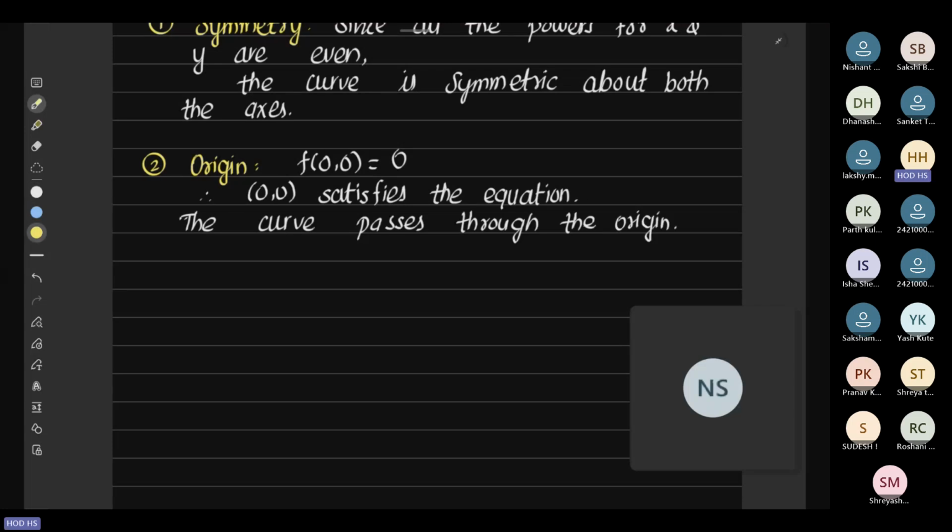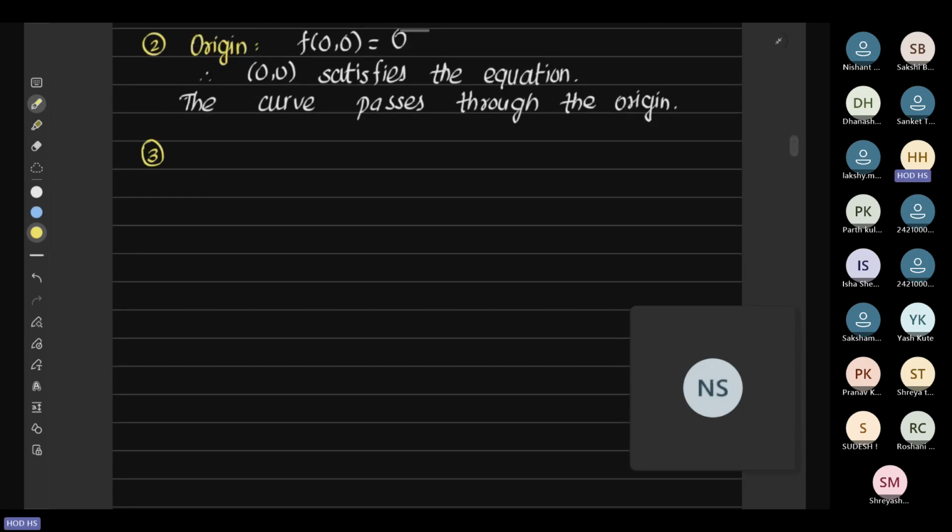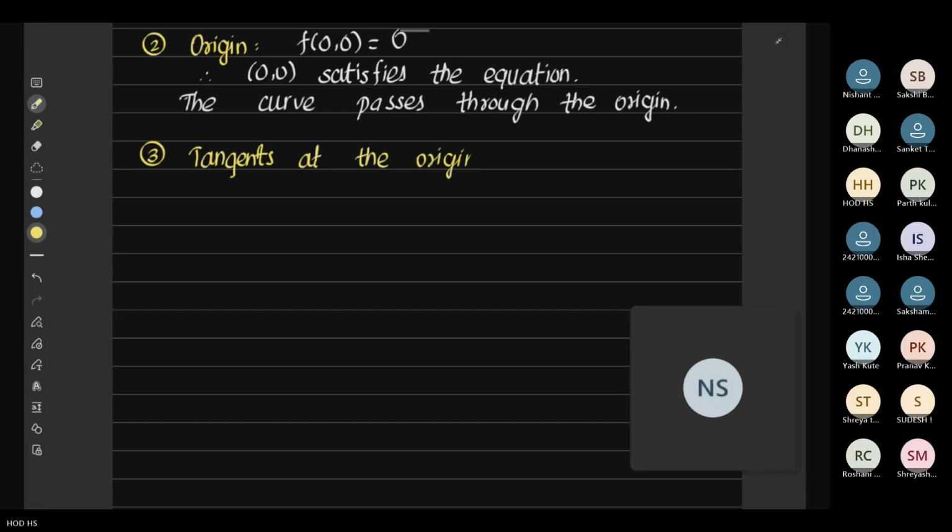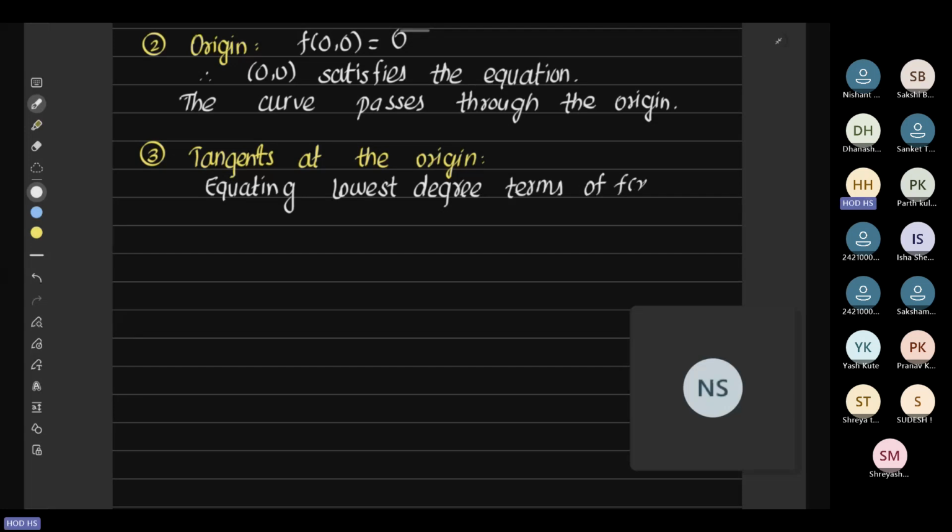Now, since the curve is passing through the origin, we can discuss tangents at the origin. To discuss the tangent at the origin, we need to equate the lowest degree terms of f of xy with 0.